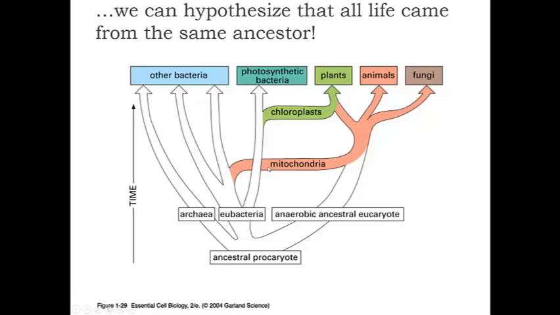The first was the acquisition of mitochondria. So you know from your Bio 195 that mitochondria are the powerhouses of the cell. But one interesting feature of mitochondria is that they carry their own DNA. So in addition to the DNA found in the nuclei of plants, animals, and fungi, there's DNA in the mitochondria.